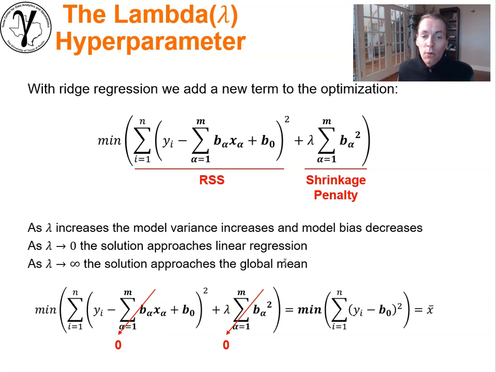They're all approaching 0. And so as lambda goes to infinity, this term cancels out, this term cancels out, and the result is we have minimization of the sum of the squares between all the training data with the intercept term only. We've lost all of the slope coefficients.